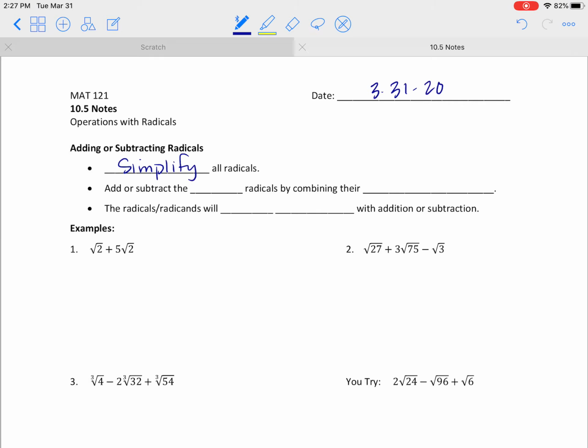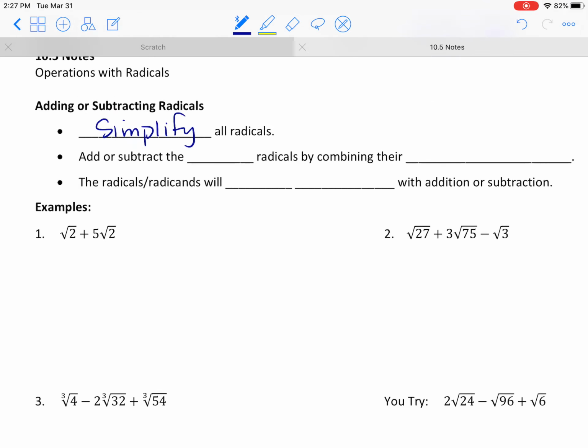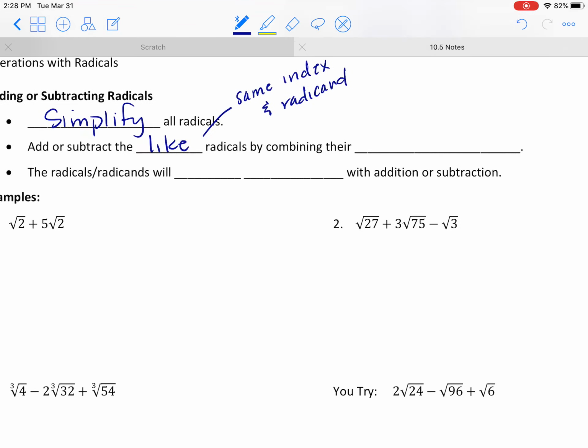Okay, so we want to make sure that all of our radicals are simplified before we attempt to add or subtract, and you'll see why in just a minute. And when we go to add or subtract, we add or subtract the like radicals. That means same index and radicand.